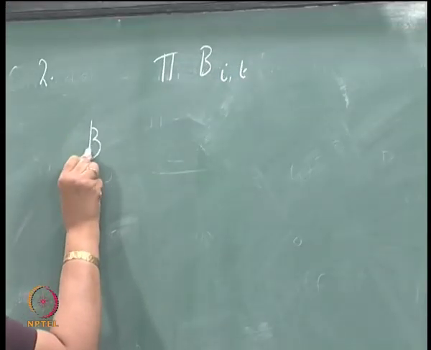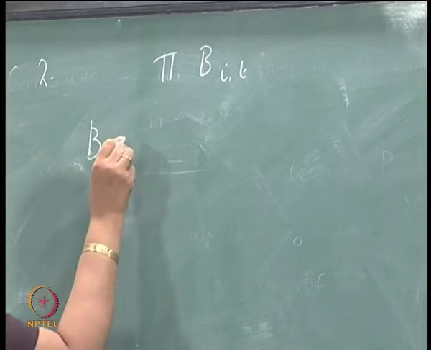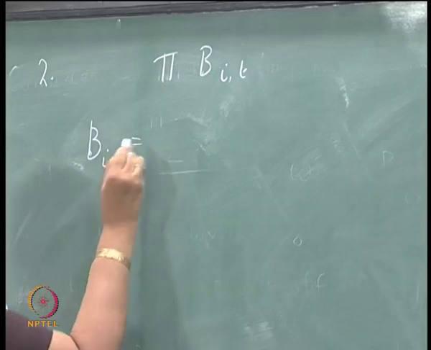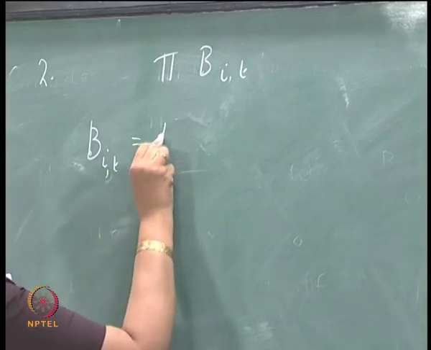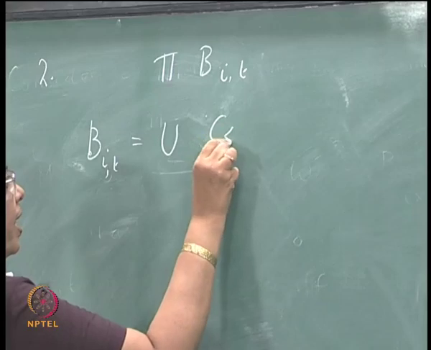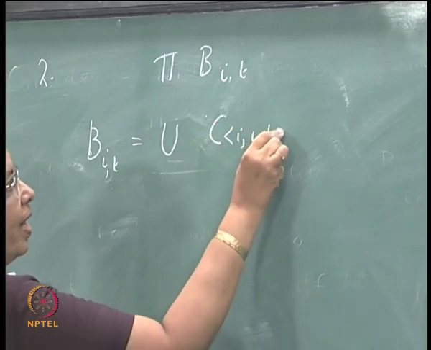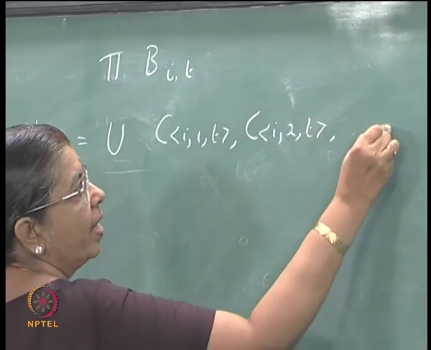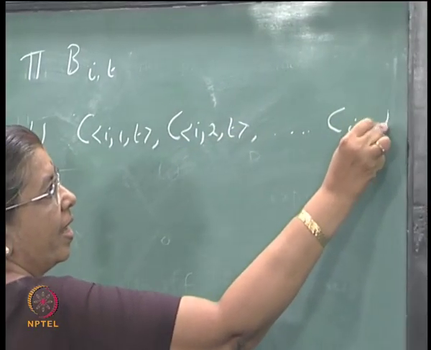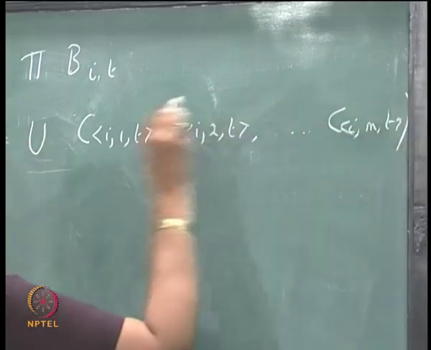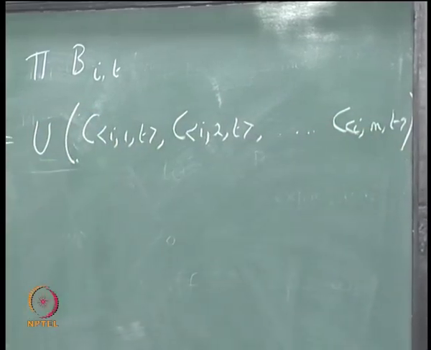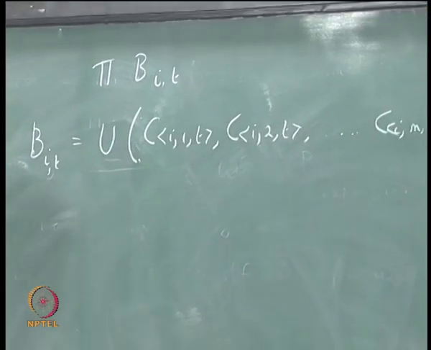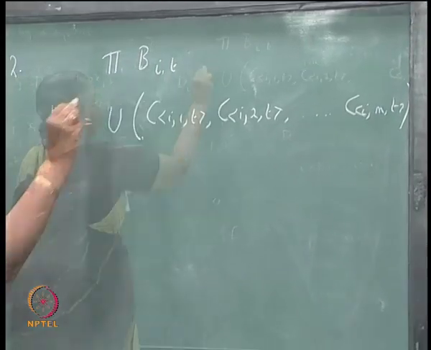The expression for that will be: at time t only one symbol will be there, that is, U of c_i1t or c_i2t or ... c_im. The ith cell can contain the first symbol or the second symbol or the mth symbol, where the product is over i and t.